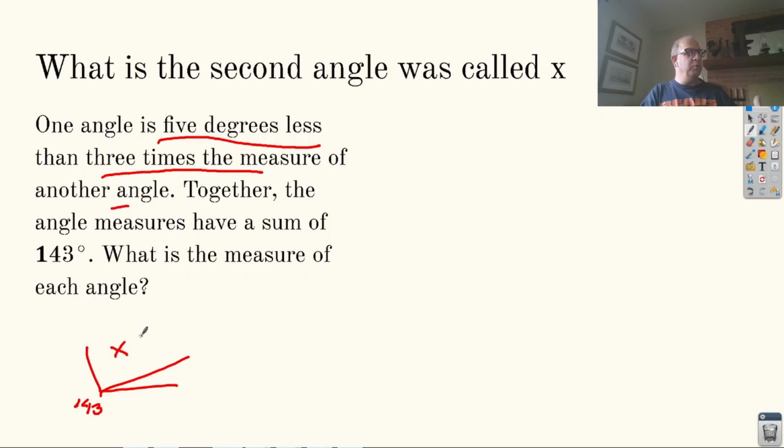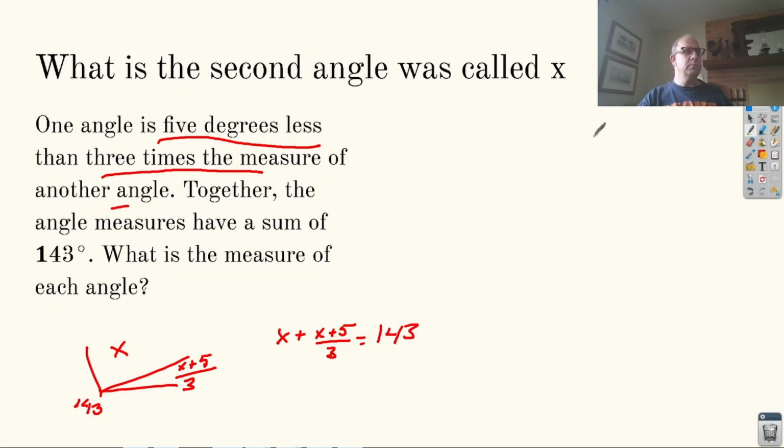X is 5 degrees less than 3 times another angle. So I'm basically going to do the opposite of that. So that's 5 more than x. And instead of times 3, I'm going to divide by 3. So now I can say x plus 5 divided by 3 equals 143.